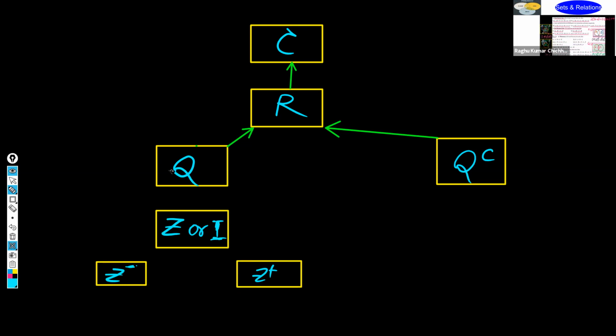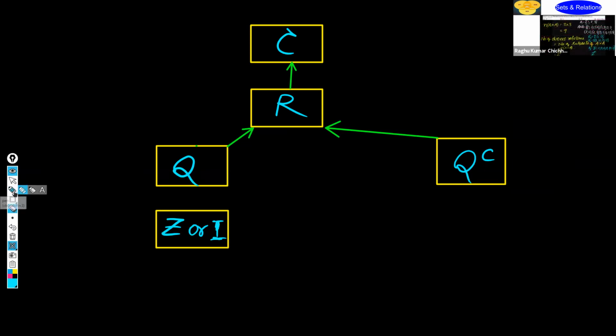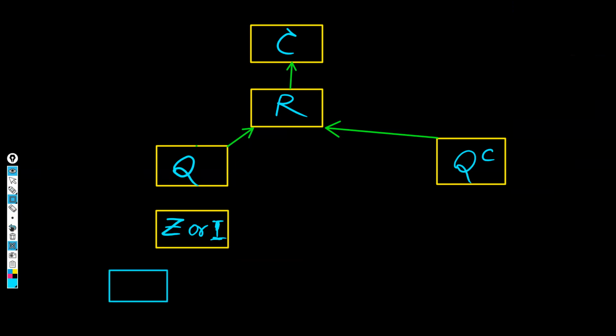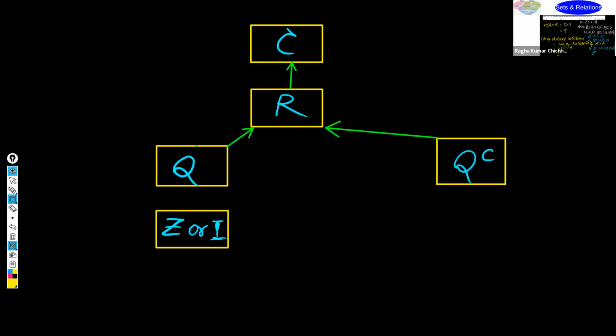You will be understanding integers and positive integers and negative integers. I'm eliminating that, but understand in these integers itself, you will have the natural numbers and you will have the whole numbers. Natural numbers and whole numbers.